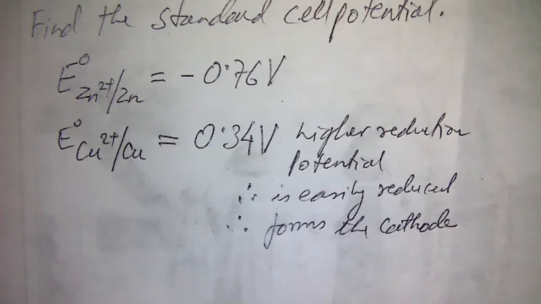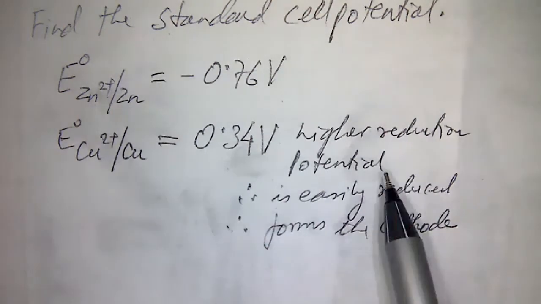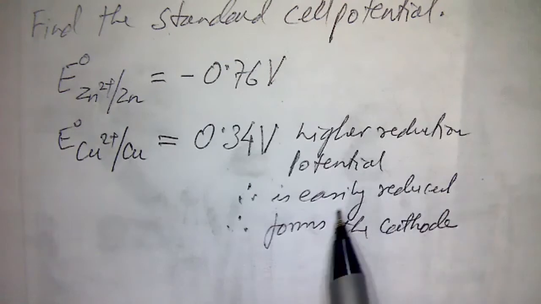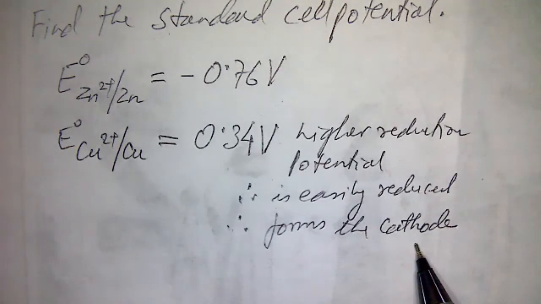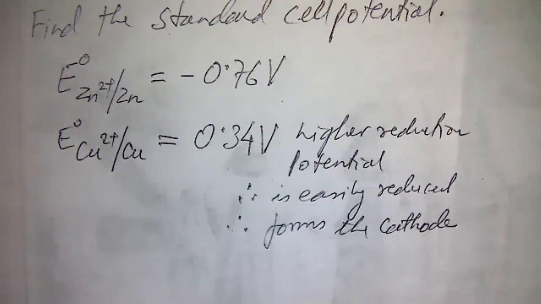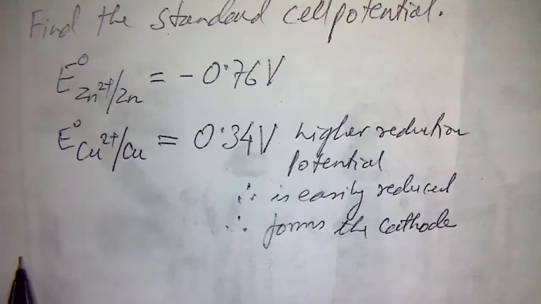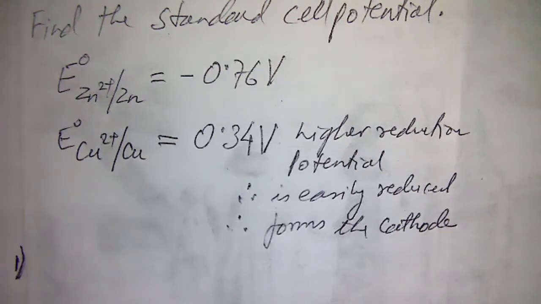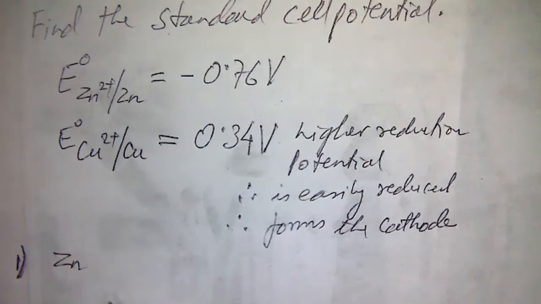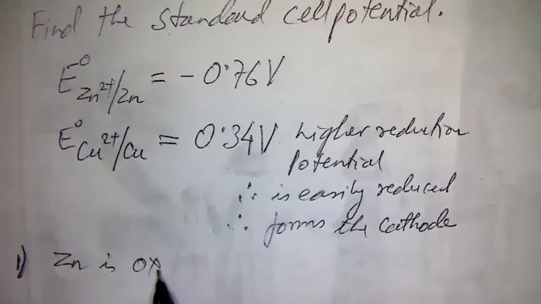Okay. So higher reduction potential was there, so it is easily reduced and therefore it forms the cathode. That means the other one will form the anode, isn't it? What will be the answer of your first one? Zinc is the anode. Zinc is oxidized.